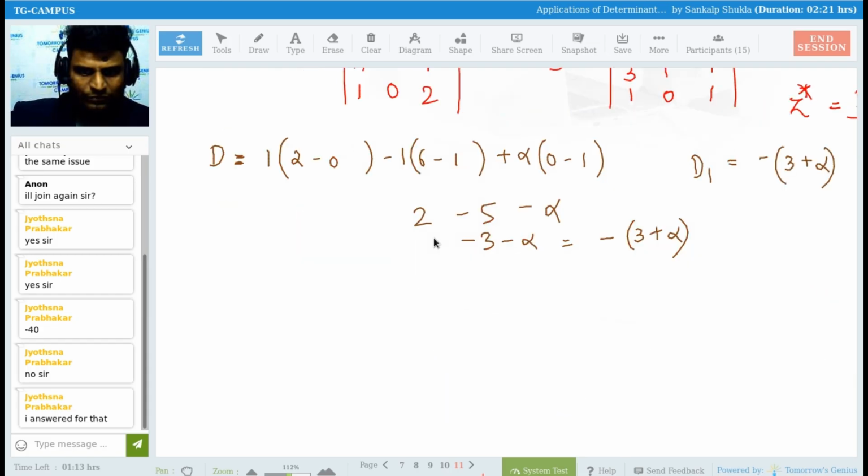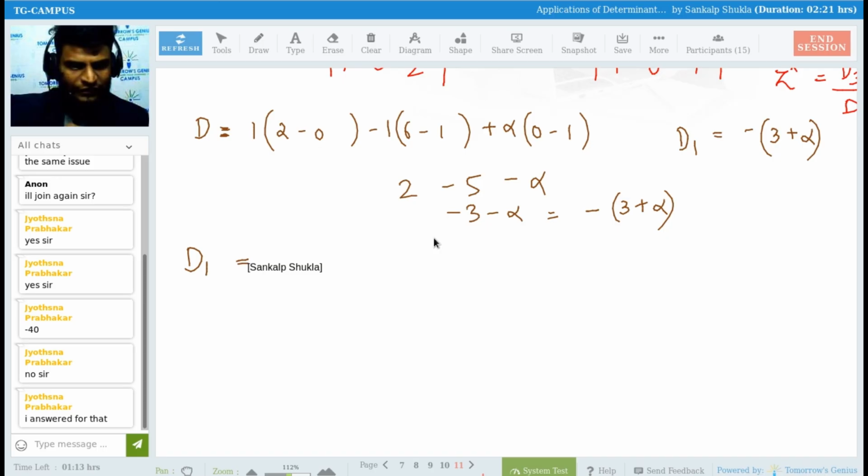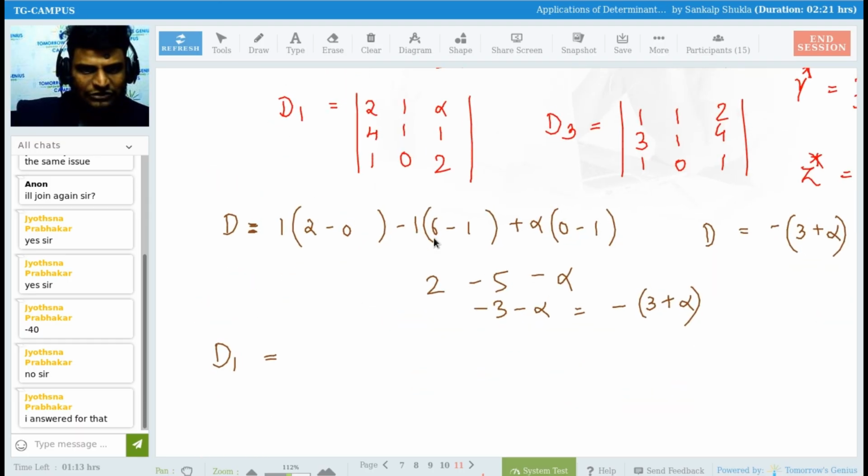Sorry, it was the value of D, not D1. Now what will be the value of D1? The determinant D1 is 2, 1, alpha, 4, 1, 1 and 1, 0, 2. I'll expand it using R3 because we have a 0 over here.